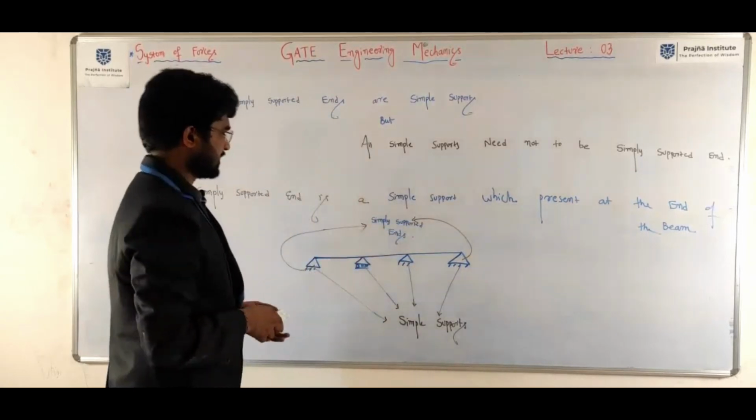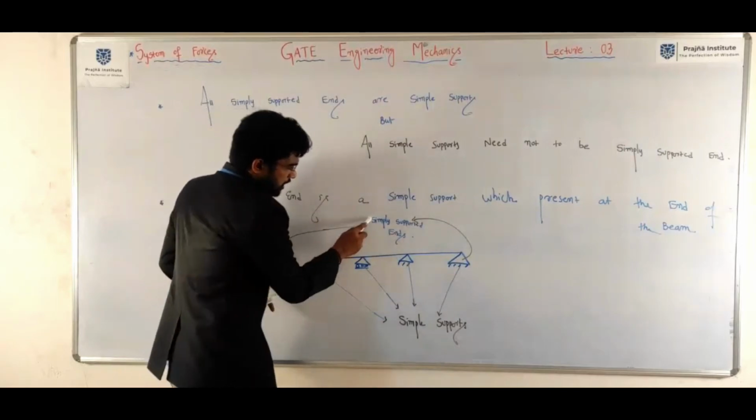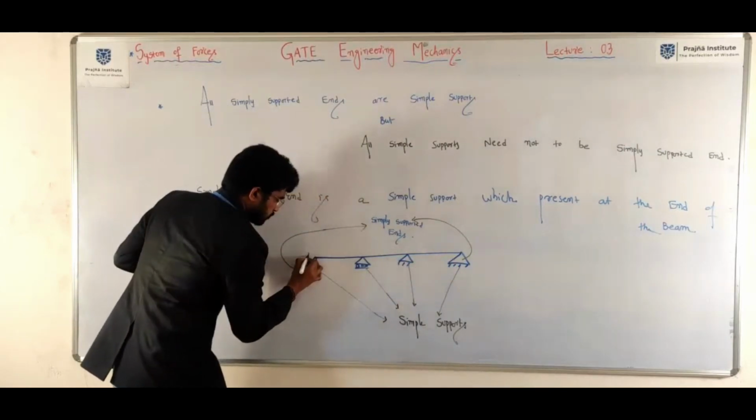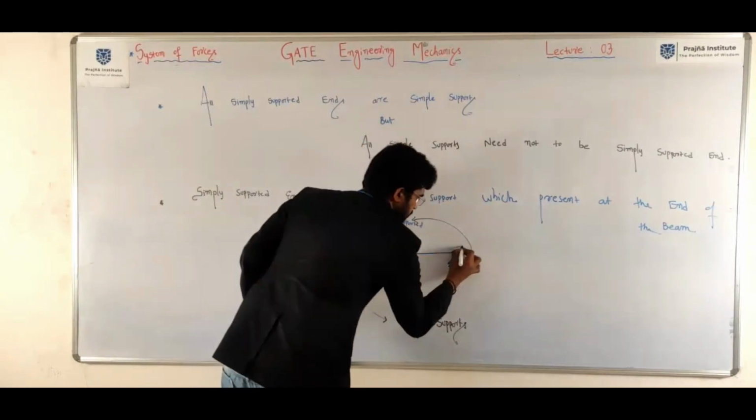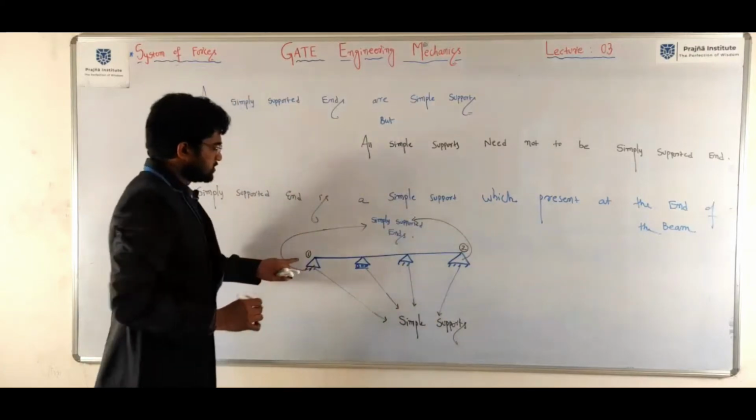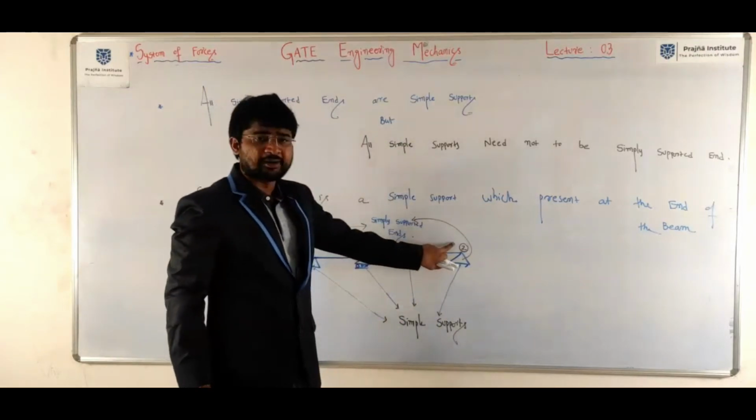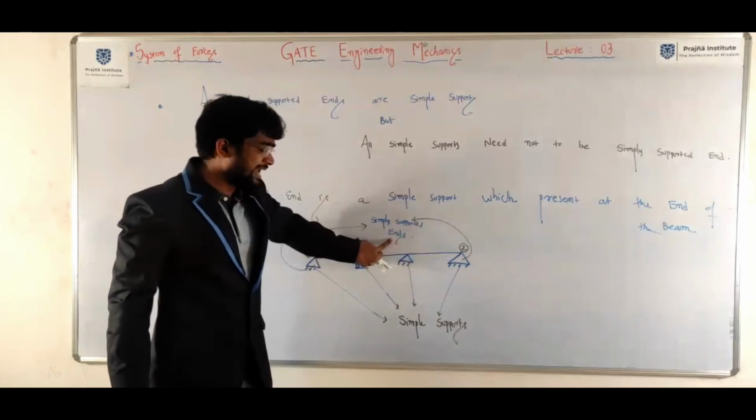Okay. Now you can understand. All are simple supports, here support 1 and support 2. Okay. Support 1 and support 2 are simply supported ends.